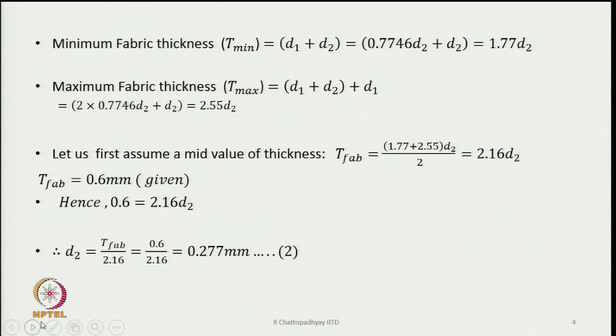We have to get a yarn whose diameter is going to be T, the thickness of fabric, divided by 2.16, which is 0.277 mm. That should be the diameter of the yarn.